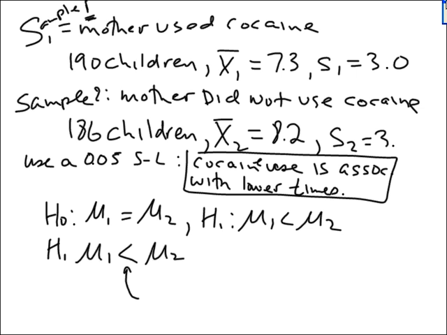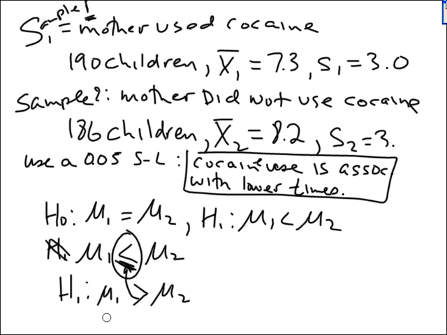Remember, if it said that cocaine use is associated with not lower, not higher times, that means less than or equal to. If the claim was less than or equal to, then the H1 would have been that mu1 is bigger than mu2. Don't use H1 when it has the equal.